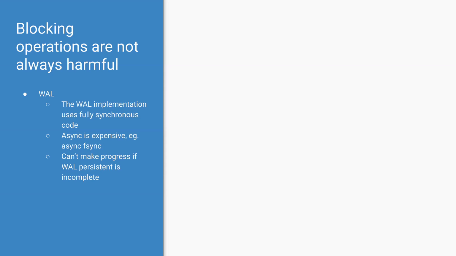And finally, using blocking operations for the write-ahead log directly in the runtime makes sense because without persisting to the log, the system will be unable to make any progress.